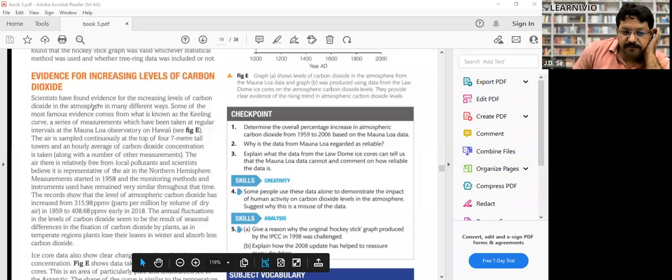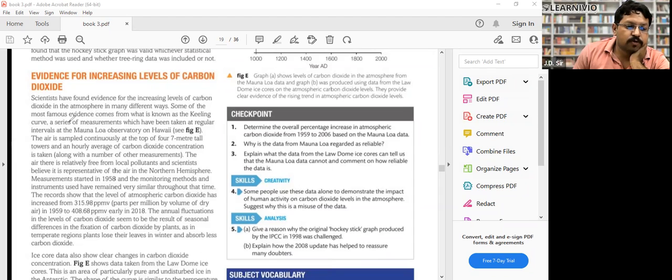Scientists have found evidence for increasing levels of carbon dioxide in the atmosphere in many different ways. Some of the most famous evidence comes from the Keeling curve, a series of measurements taken at regular intervals at Mauna Loa Observatory, Hawaii.